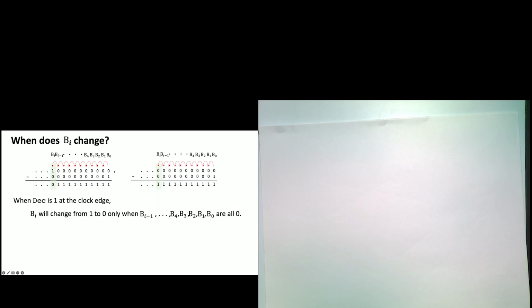And that works whether or not bit i is 0 or 1. So we get a similar equation that looks like this: bit i will change if we want to subtract and all the bits to the right are 0.